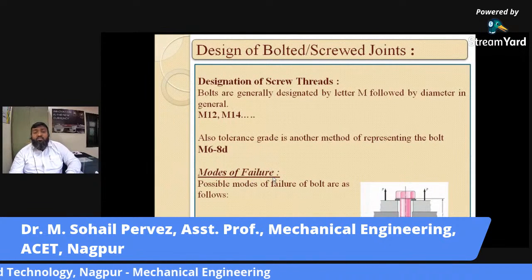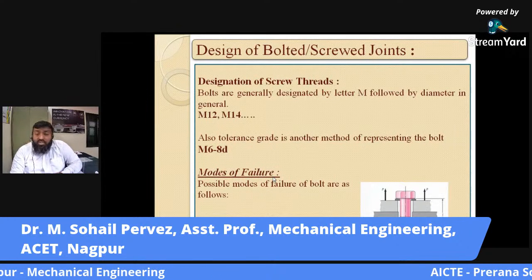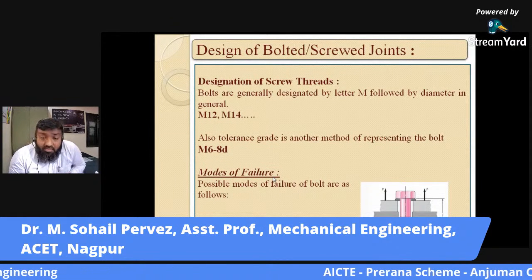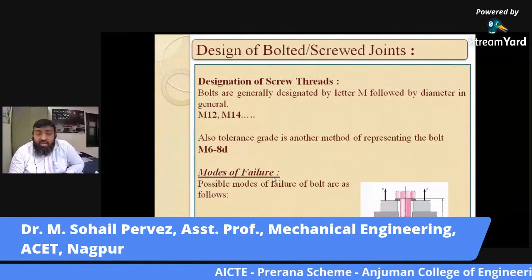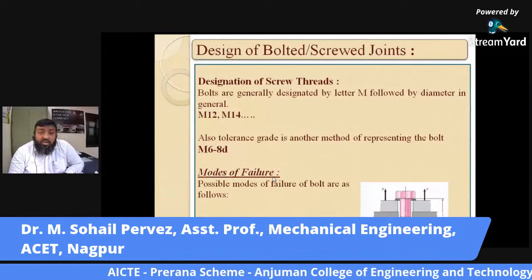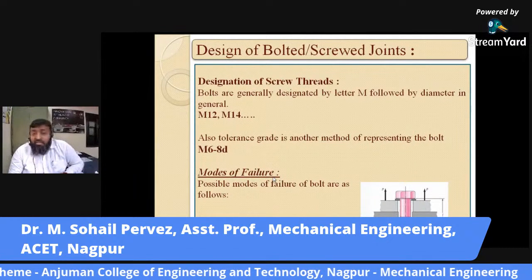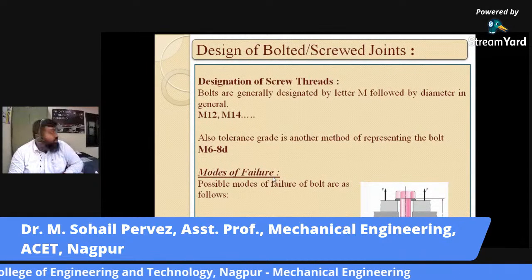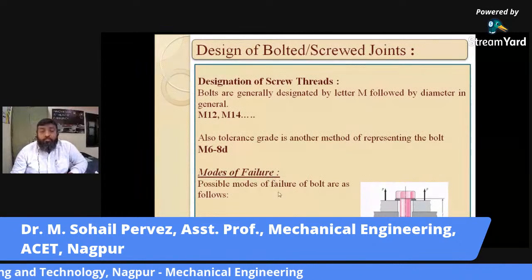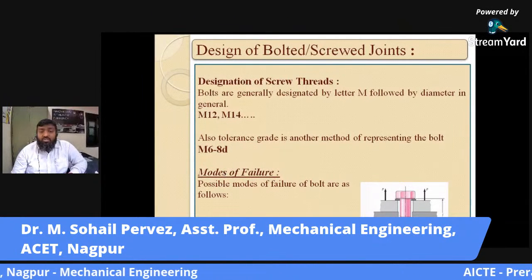Now, the next is modes of failure. That is very, very important, since we are about to solve a number of numericals on the design of bolted or screwed joints. So we will see the possible failures in the design of bolts.